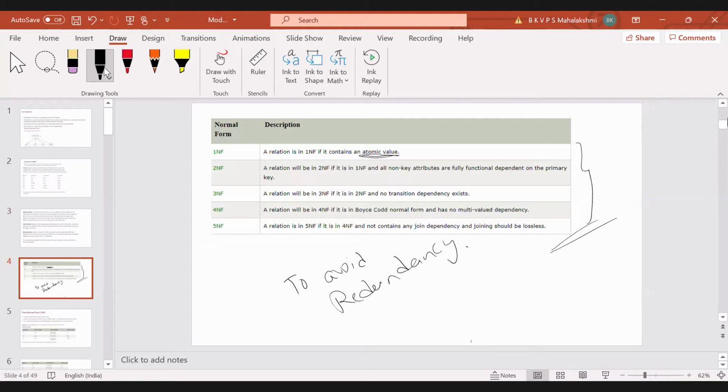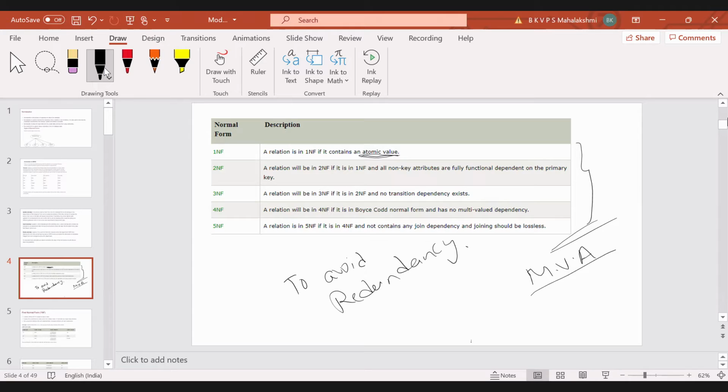There are many types of attributes like derived attribute, key attribute, simple attribute, composite attribute, and also the multi-valued attribute. So what is a multi-valued attribute? It is an attribute which consists of more than one value. That is called a multi-valued attribute.